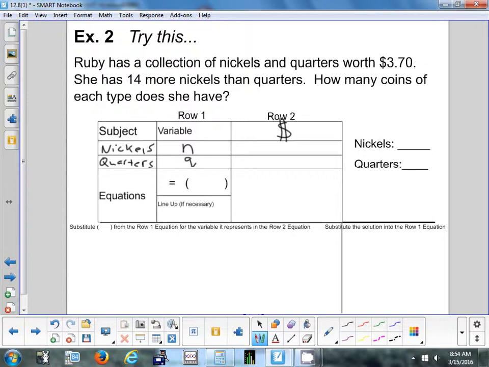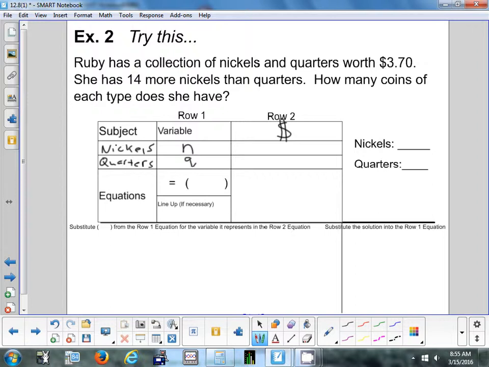Row 2 is where you're going to have a 0.05 with the N or a 0.25 with the Q. So whenever you do money, you just put the money symbol. What decimal always goes with N? What goes in front of the N?